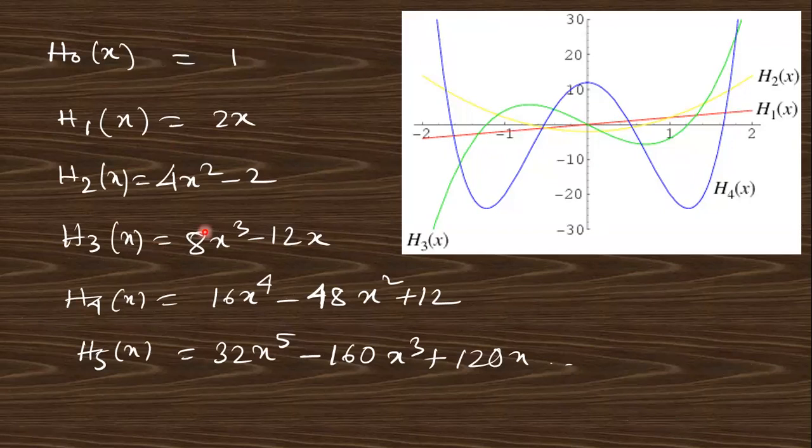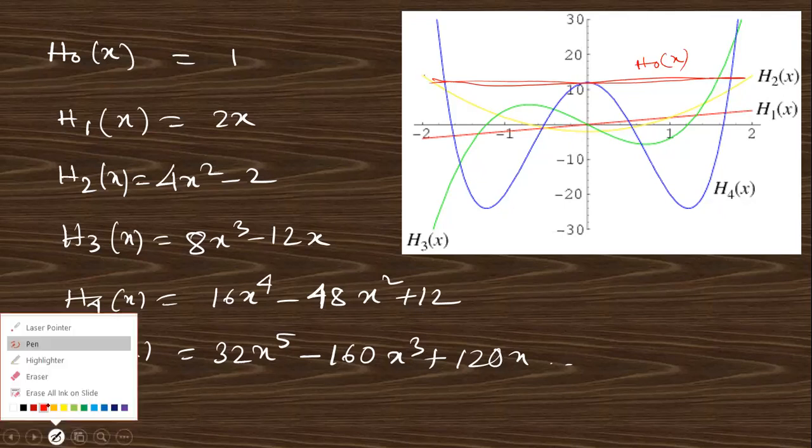And if you want to draw these Hermite polynomials, in the case of a0 equals 1, H0(x) is parallel to the x-axis like that. This will be H0(x). And H1(x), this one, is a straight line. This is H2(x), which is parabolic, in green color.